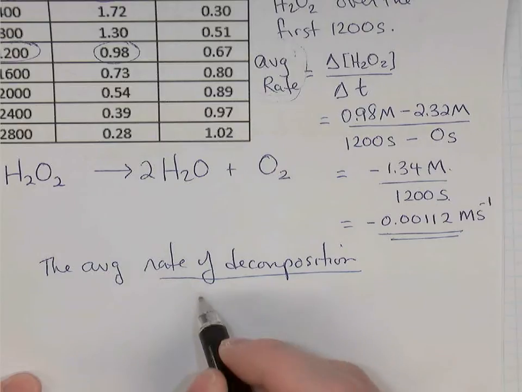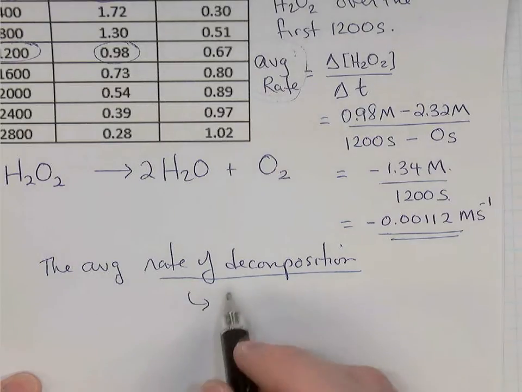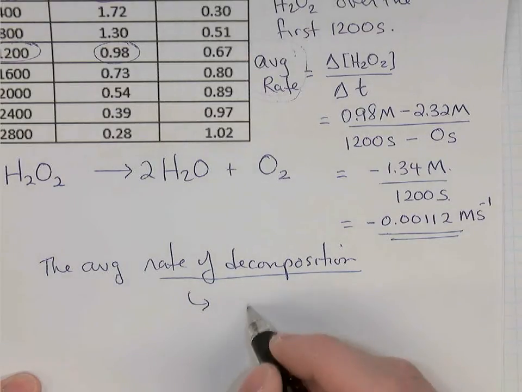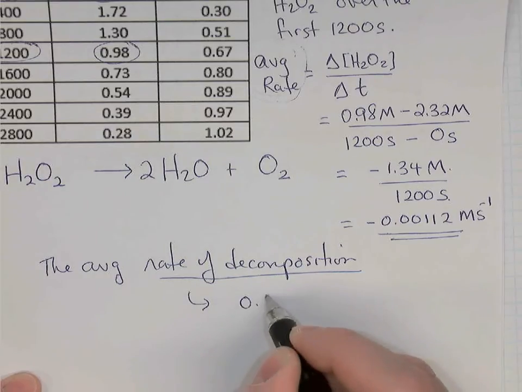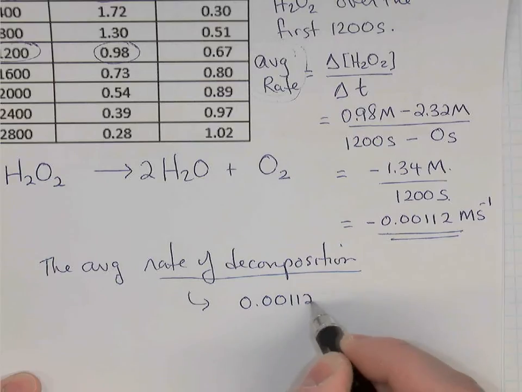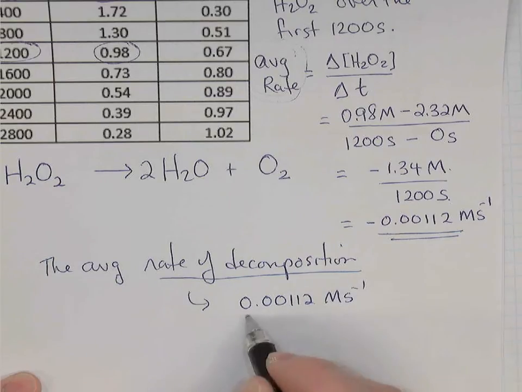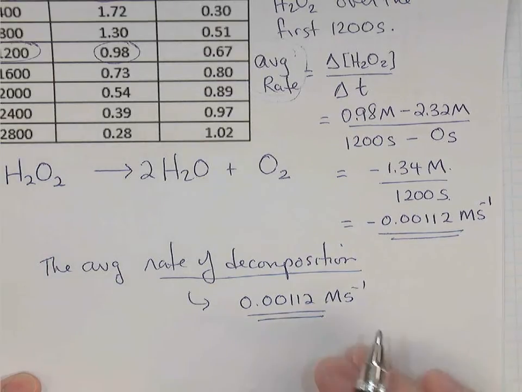So now I'm going to change the negative sign to be a positive quantity. So now the average rate of decomposition would be positive 0.00112 molarity per second.